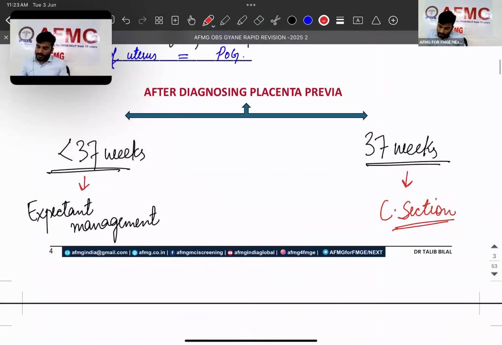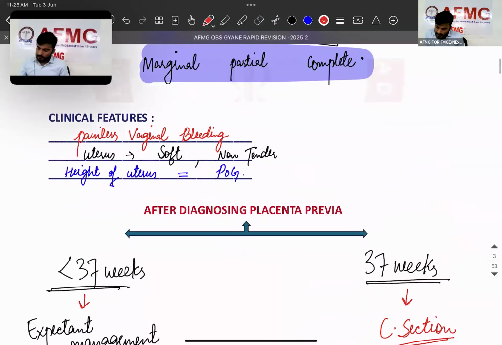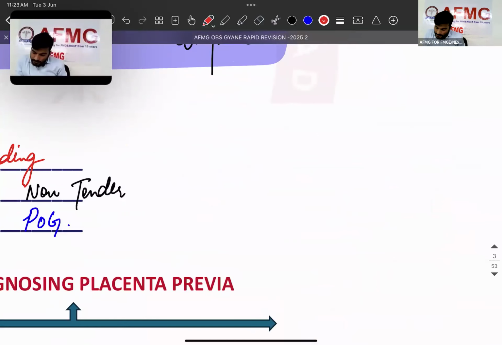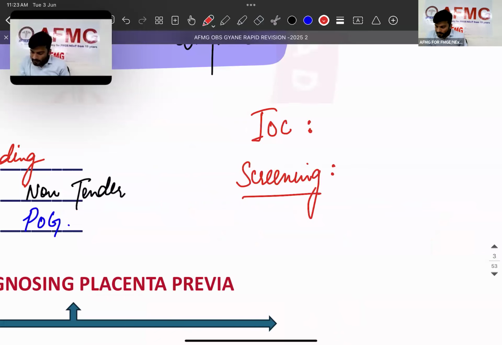My question to you: what is the investigation of choice for placenta previa? And for screening, what is it? Tell me, online people as well. For investigation of choice, how will you diagnose? Trans-vaginal scan.